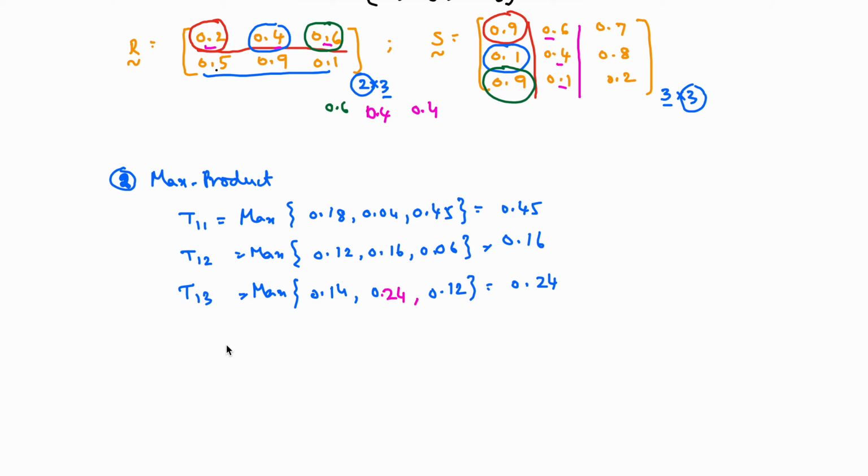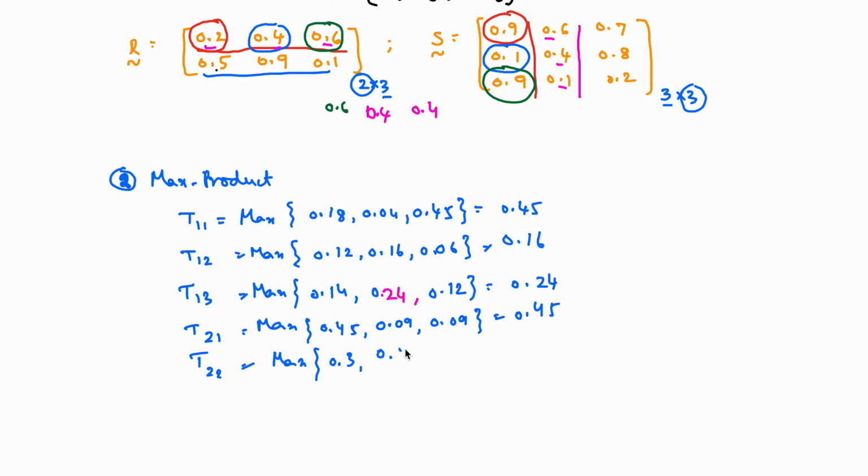So it's very simple. Similarly for T21, it is the maximum of 0.5 and 0.9 is 0.45, 0.9 and 0.1 is 0.09, 0.1 and 0.9 is again 0.09. Maximum out of these things is 0.45. T22 is the maximum of 0.5 and 0.6 is 0.3, 0.9 and 0.4 is 0.36, 0.1 and 0.1 is 0.01.